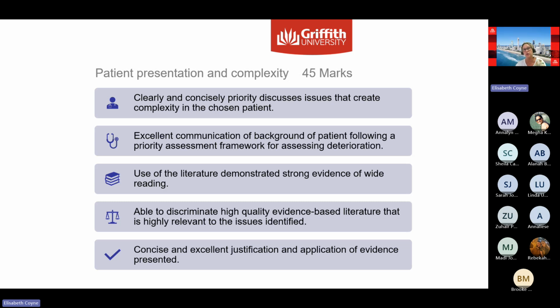So make sure you include that risk factor of age. And what does the research say in relation to that age? Does that make sense about thinking about the complexity of your patient?